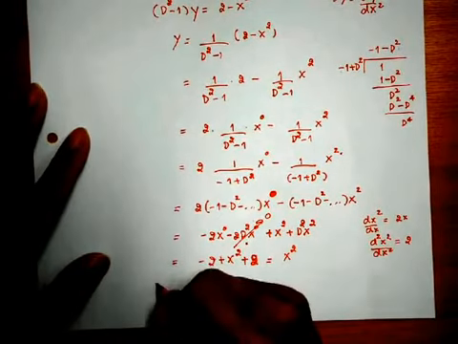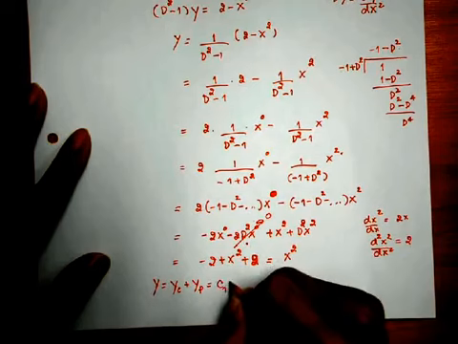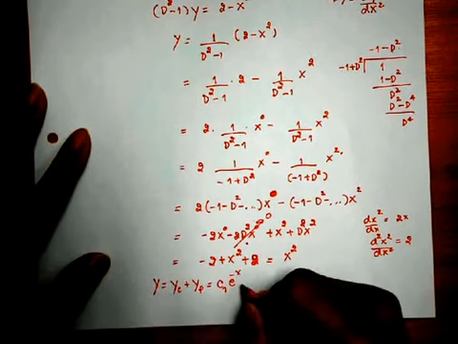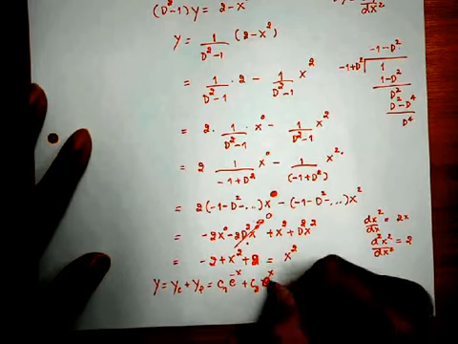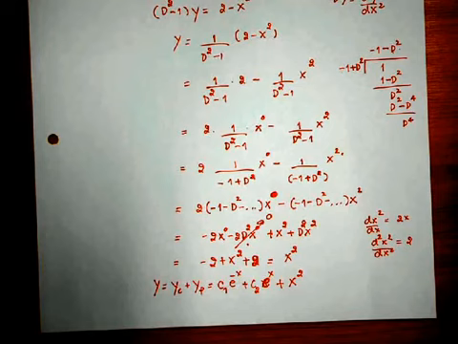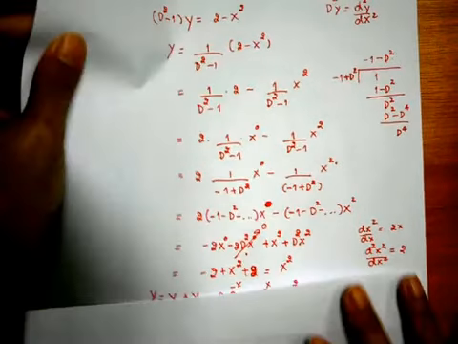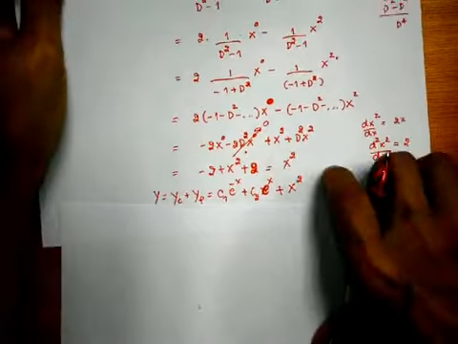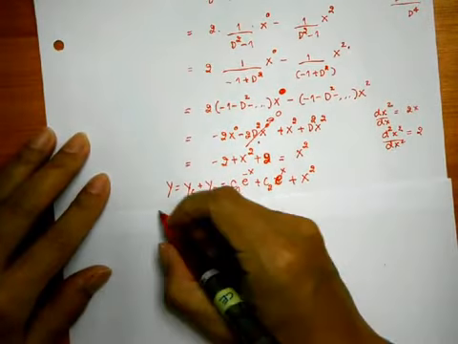Now we say y is equal to yc plus yp, which is c1 times exponential of minus x plus c2 times exponential of x plus x squared. But this is not it yet, because the problem statement says we have to find the answer which satisfies our two boundary conditions.